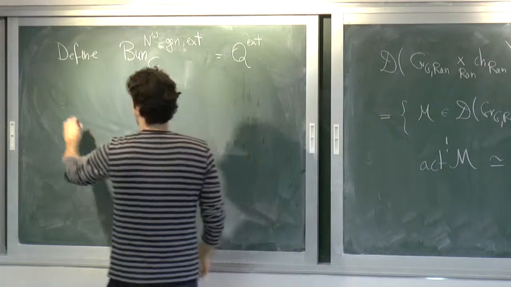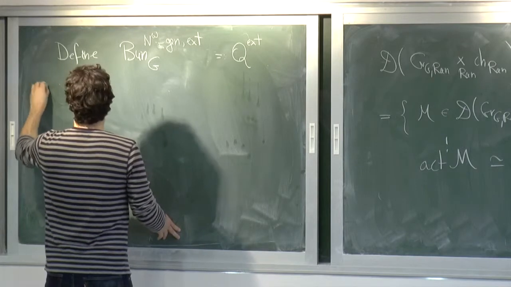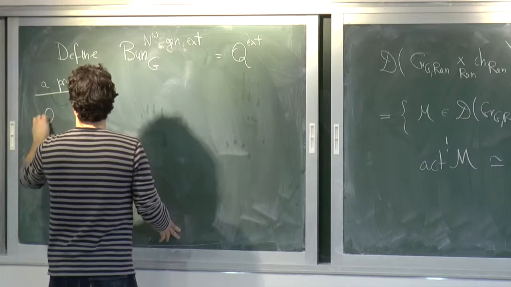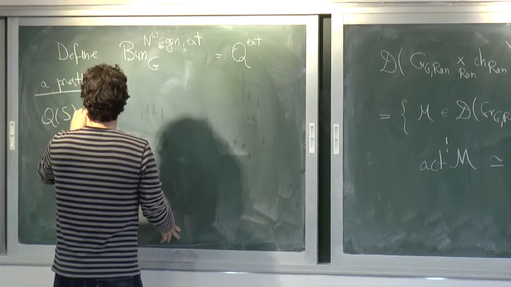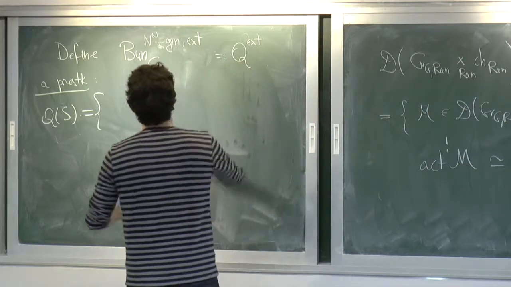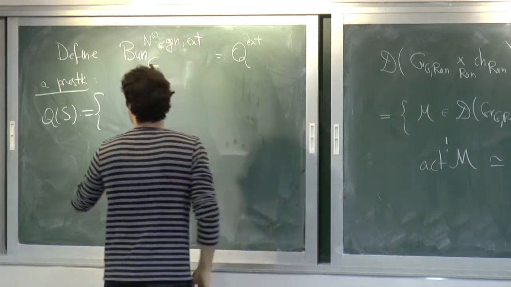So pre-stack, what are its S points? Again it lives over the, but now it's generic, so it doesn't live over the ground space.